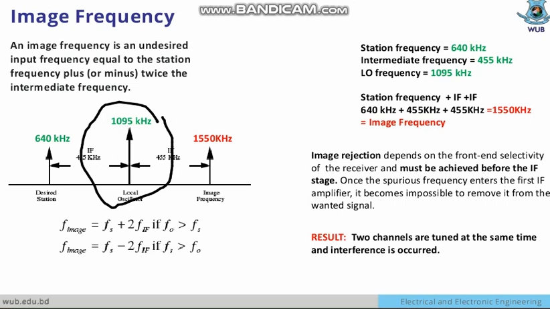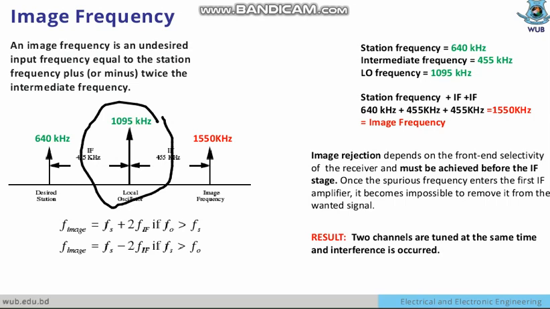On the other hand, the distance between the local oscillator frequency and the image frequency is the same as the distance between the desired station frequency and the local oscillator frequency. Just like that, the image is created on the other side of the local oscillator frequency.